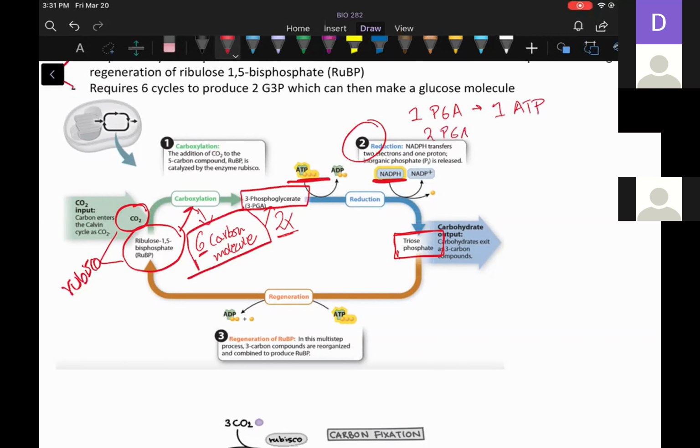And same thing with NADPH. So 1 PGA will require 1 NADPH, and 2 PGA will require 2 NADPH. We can say that for every carbon dioxide molecule that enters the Calvin cycle, we're going to need 2 ATP and 2 NADPH for the reduction.